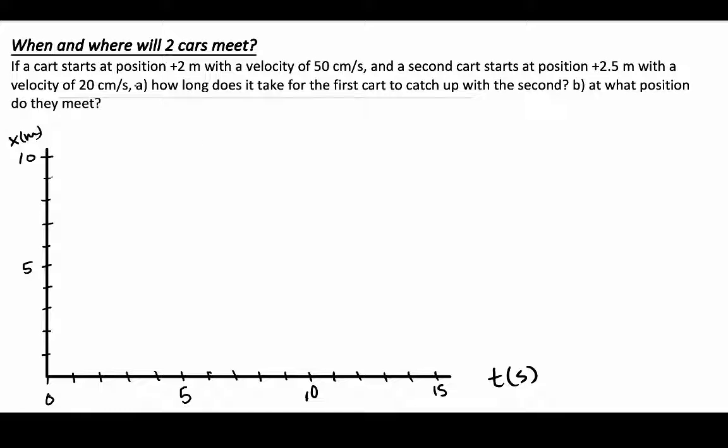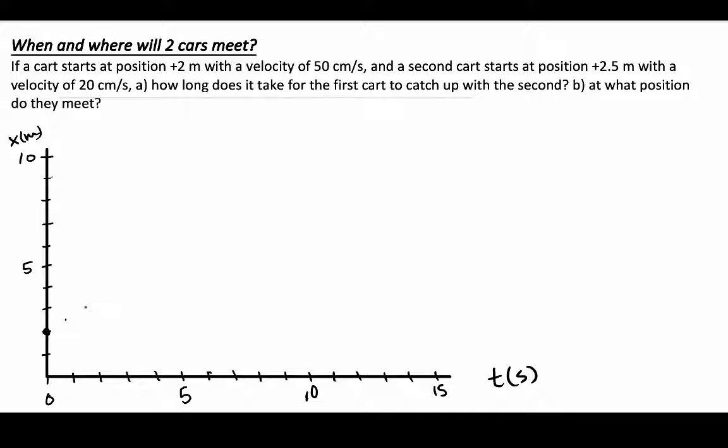So my first cart is going to start at a position of 2 meters and has a velocity of 50 centimeters per second. Since I'm in meters, I'm going to have to change that to 0.5 meters per second. I'm starting at 2 meters, so at 0 seconds, I've gone 2 meters. At 1 second, I've gone 2.5 meters.